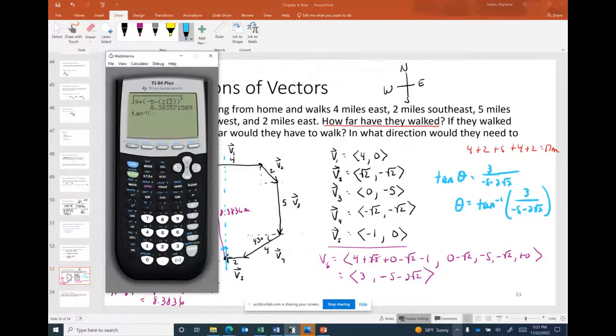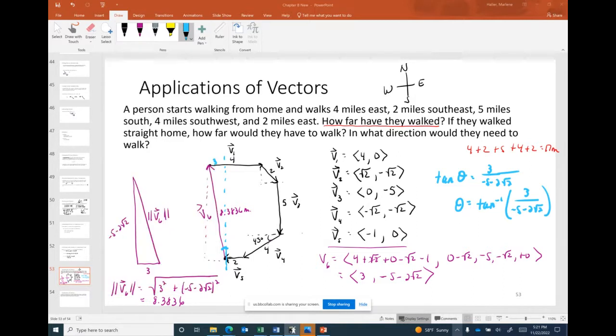Inverse tangent, 3 divided by, in parentheses, negative 5 minus 2 square roots of 2. Now, did I get that typed in properly this time? That looks good. And I see it's going to be negative 20.9678 degrees.